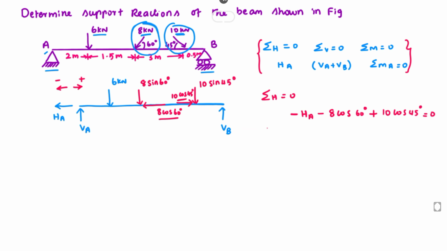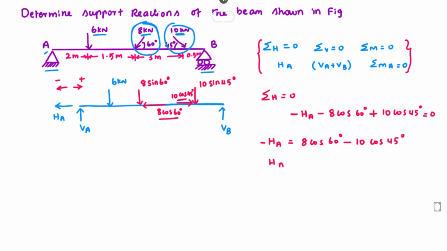Okay, so here we can take HA equal to, this is going that side, so positive 8 cos 60 degree, then minus 10 cos 45 degree. We can multiply by minus on both sides.